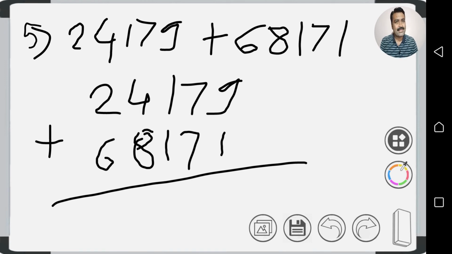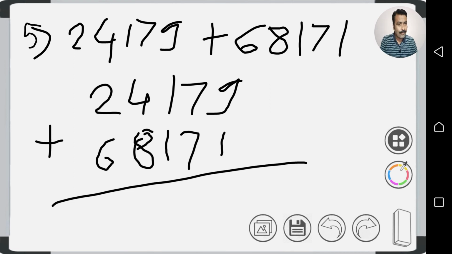Thereafter we arrange 1 below 1, that is 100's place below 100's place. Thereafter we arrange 8 below 4, that is 1000's place below 1000's place, and we arrange 6 below 2, that is 10,000's place below 10,000's place. So this is the way to arrange the second number easily.